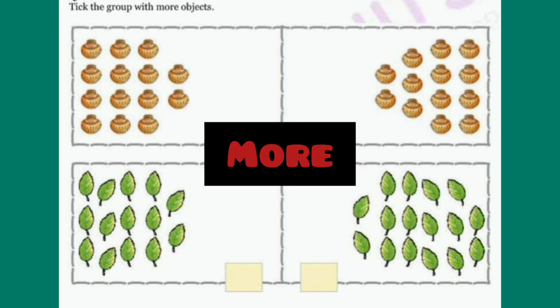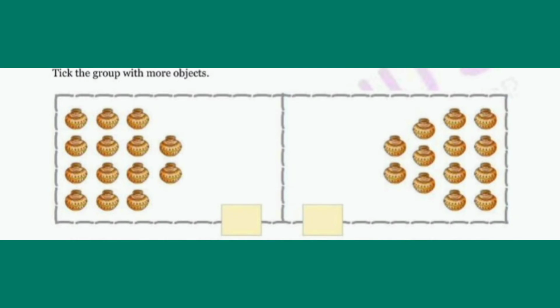Here let us count the pots. How many pots are there? There are 1, 2, 3, 4, 5, 6, 7, 8, 9, 10, 11, 12, 13, 14. 14 on the left hand side and 1, 2, 3, 4, 5, 6, 7, 8, 9, 10, 11, 12, 13. 13 on the right hand side.